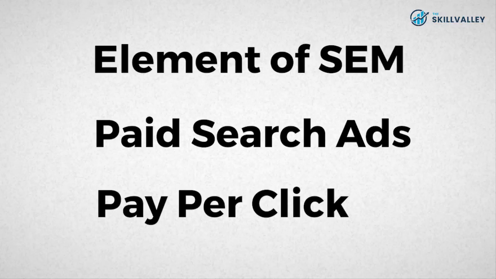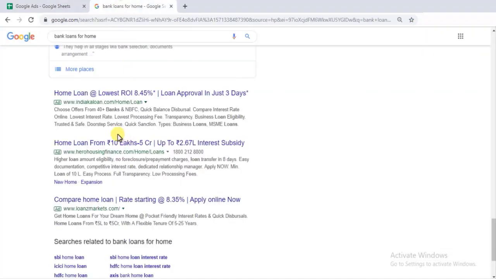The reason they are known as pay-per-click or paid search is that the advertiser, meaning the website showing this link, is indeed paying for it.